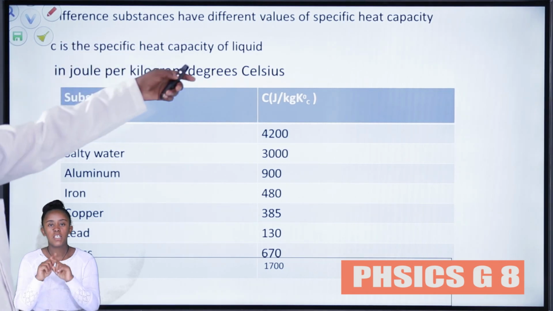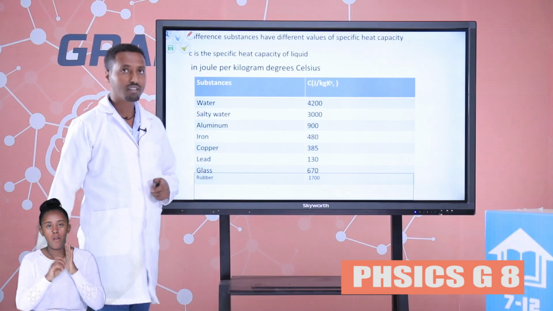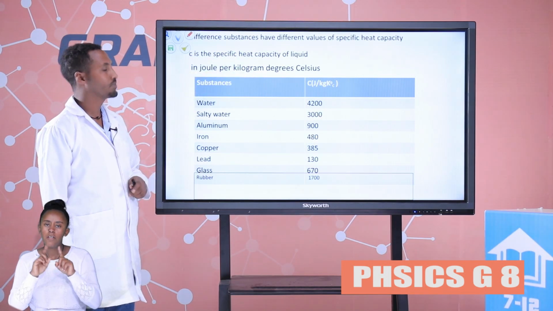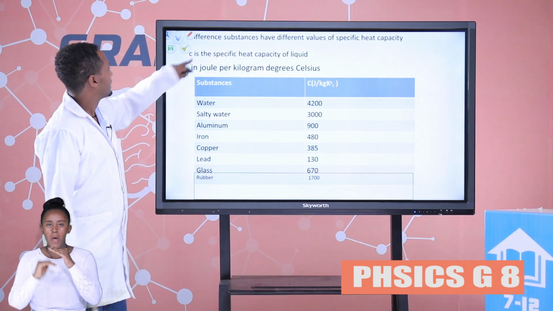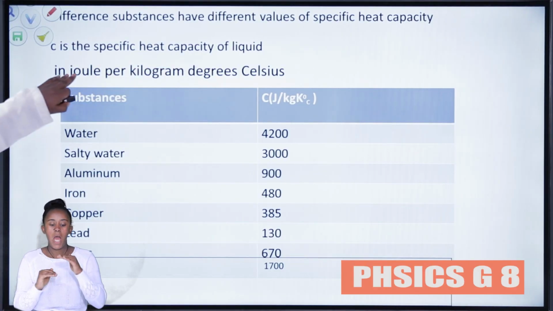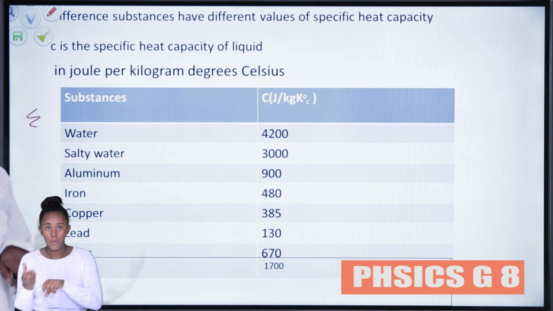Different substances have different values of specific heat capacities. C is the specific heat capacity in joule per kilogram degree Celsius.